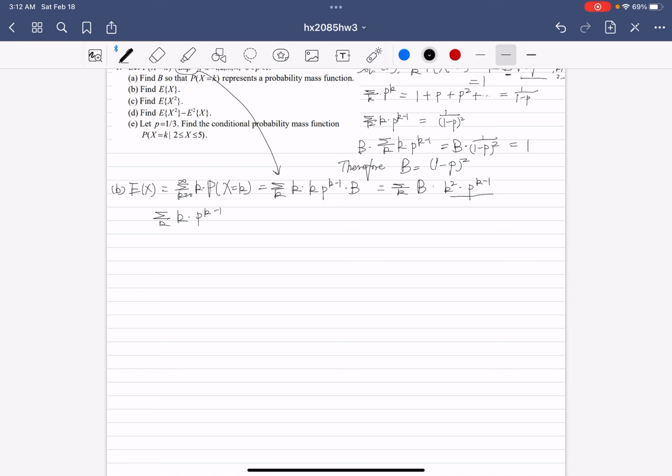First, we have calculated before, which is 1 over 1 minus p squared. Then we can get the sum of k times p to k is p divided by 1 minus p squared.